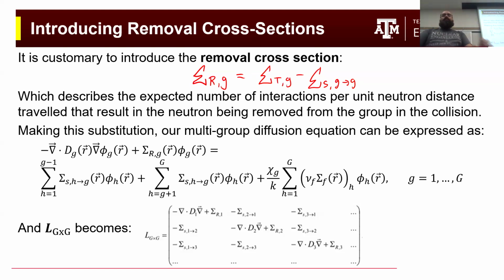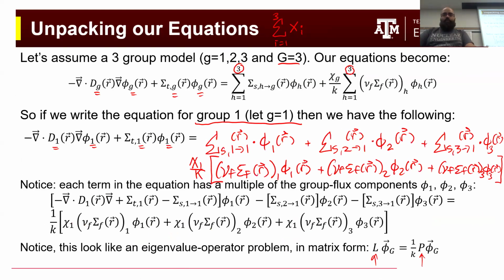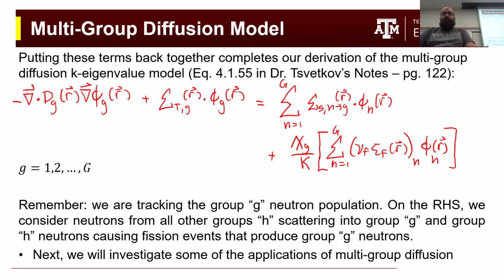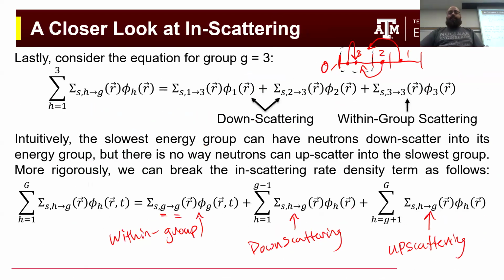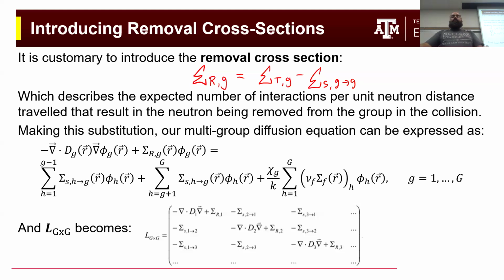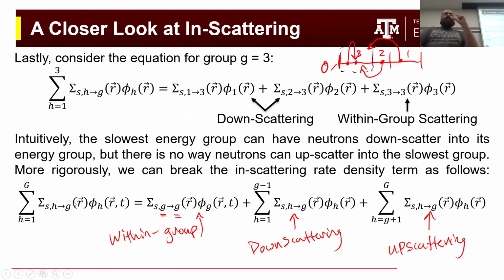And because our original equation had that difference, whenever we wrote out all of our terms, we had that grouping, total minus within group, and you would have had that for every other group that you would have written equations for. So we can rewrite our equations, taking that big scattering sum and making use of this definition.